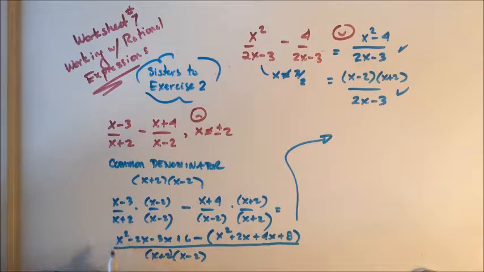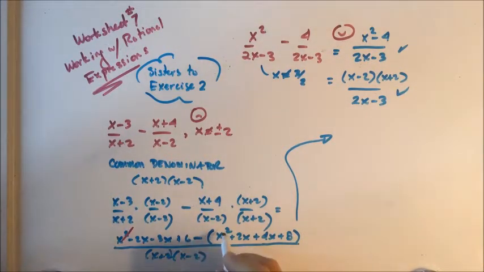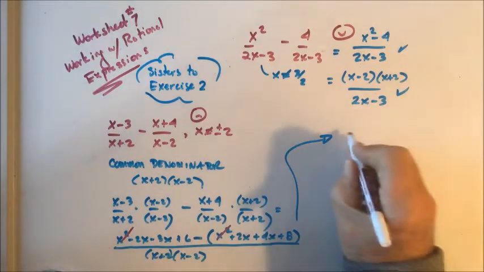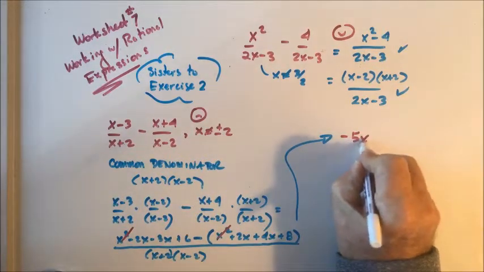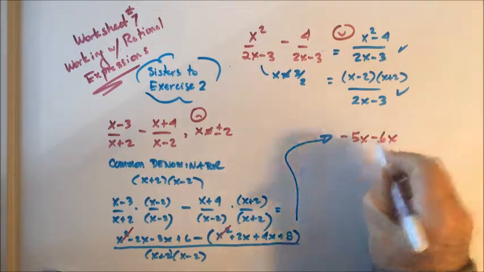Here's an x squared here and an x squared there. x squared minus x squared, we have no more x squareds. I've got a minus 5x. Let's do this in 2 steps. Here's a minus 5x. And then I've got 6x in here, but it's minus 6x. So let's put that right there.